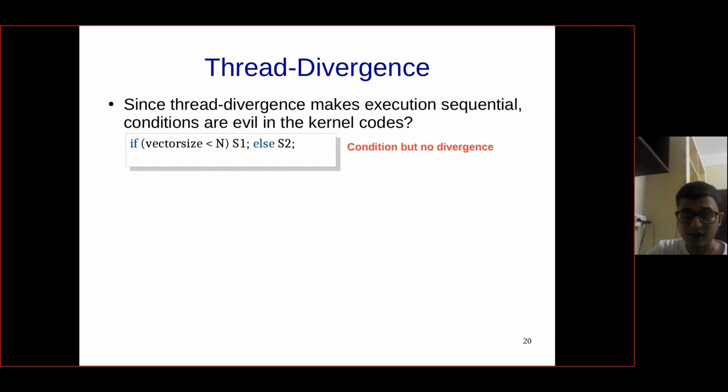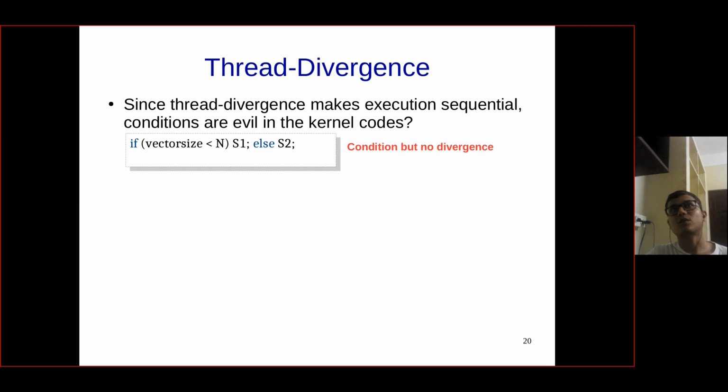Let us say the value of n is 32, and let us say that this is id. If that is the case, then for all the warp threads from 0 to 31, this if condition will always be true, right? Because you may take any id from 0 to 31, it will be less than 32, which is n, and hence each and every thread of the warp will be executing s1.